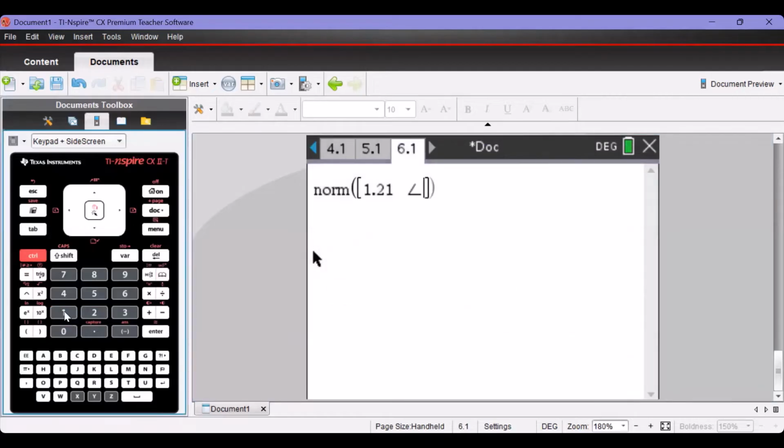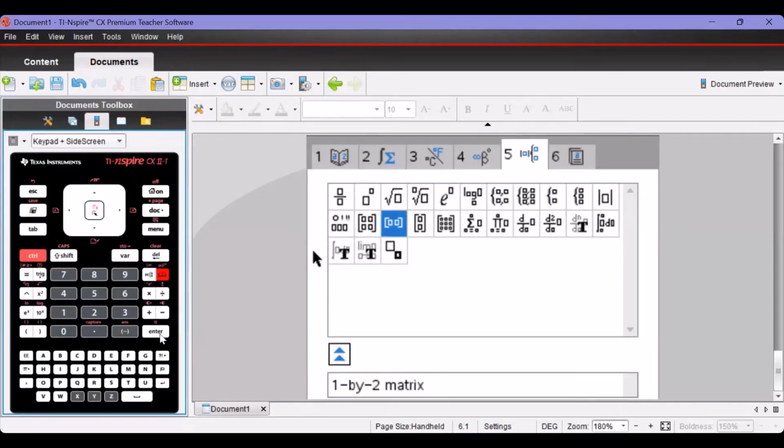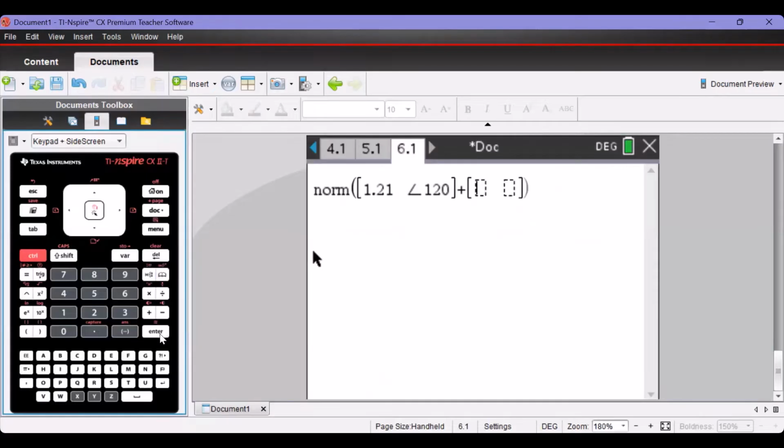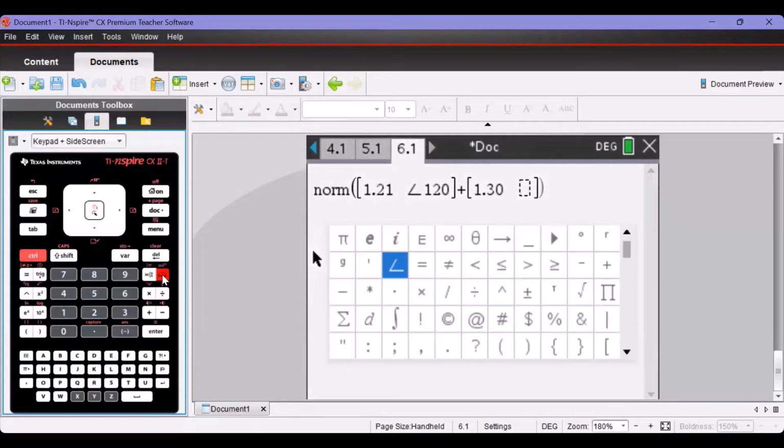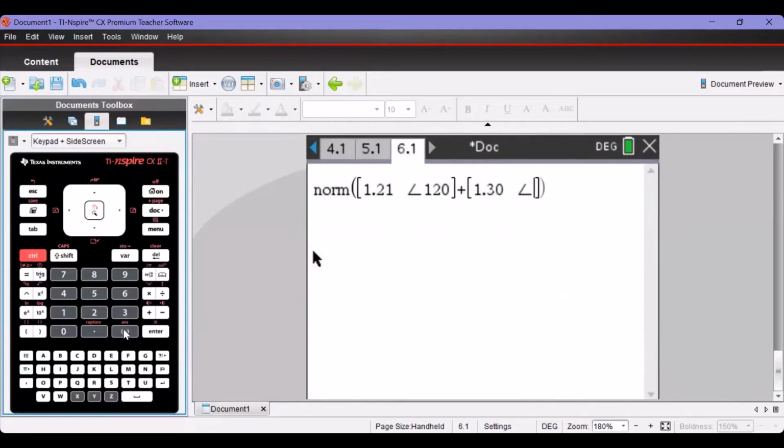Press enter, then type in 120. Come out of there, plus catalog again, use the row vector template, and this time we'll enter 1.30, arrow to the right, and then press control catalog, the angle symbol there, press enter, enter in -160.